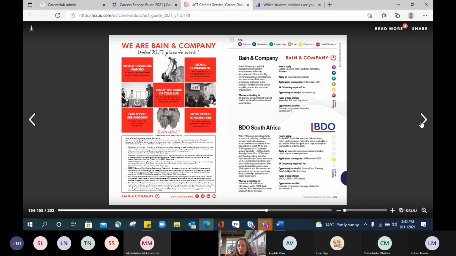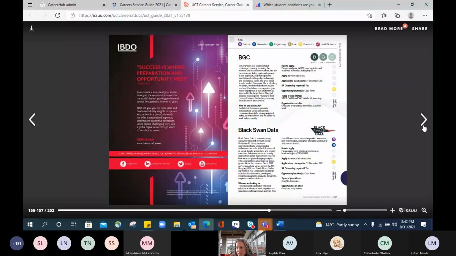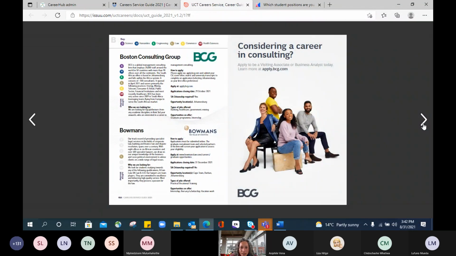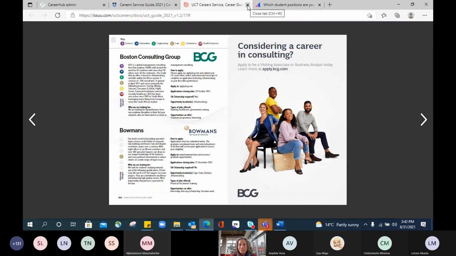I think a lot of them do say yes for SA citizenship, but Bowmans recruit law students, and I see they don't require South African citizenship. So it's well worth checking out if you didn't know about the guide.